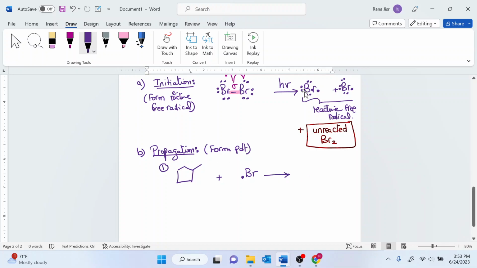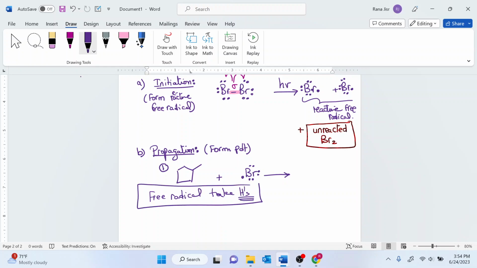We agreed that free radicals are more reactive than bromine. So these are the ones that are going to react first. The rule here is that free radicals always take hydrogens. Okay, so put this as a rule. So free radicals always take hydrogens.